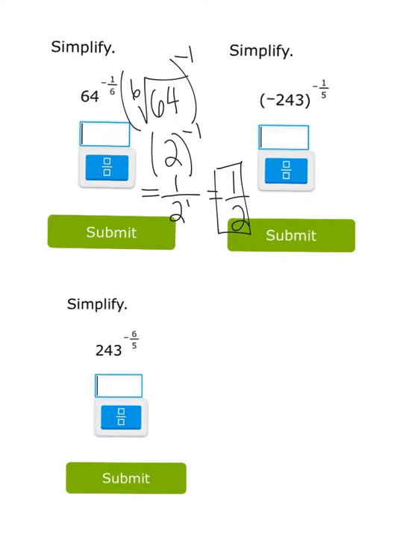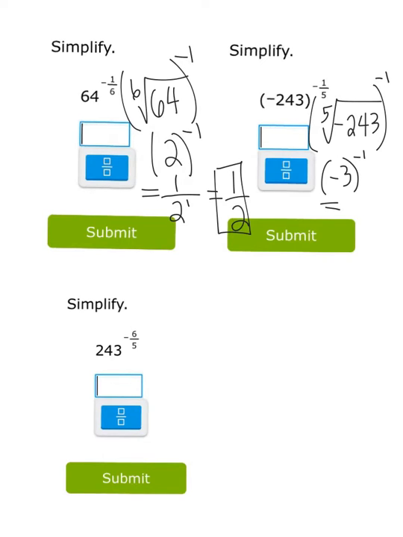All right, for the next one, I would have the 5th root of negative 243 all raised to the negative 1. So the 5th root of negative 243 is negative 3. And I would raise that to the negative 1. So I need to rewrite this as a fraction, okay?